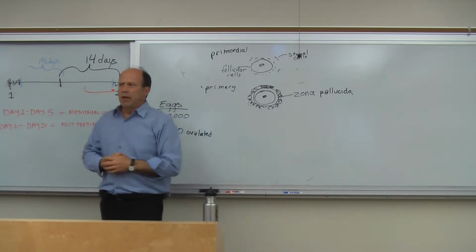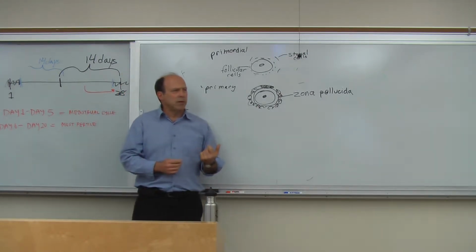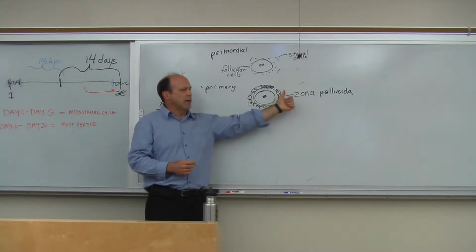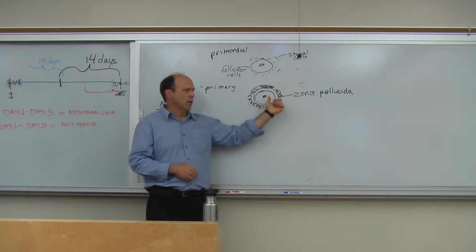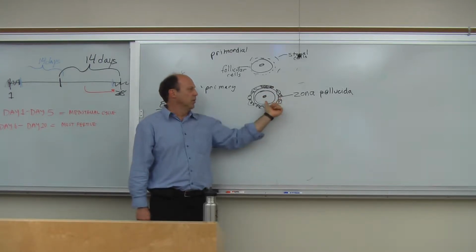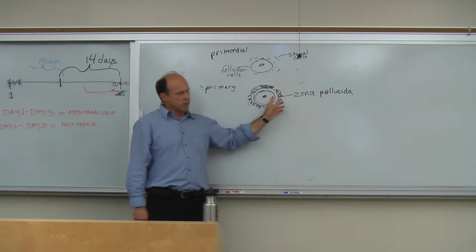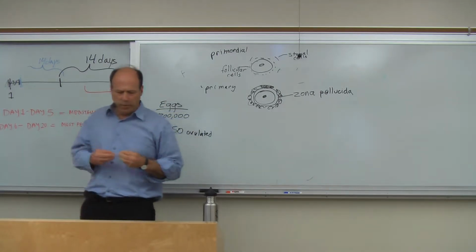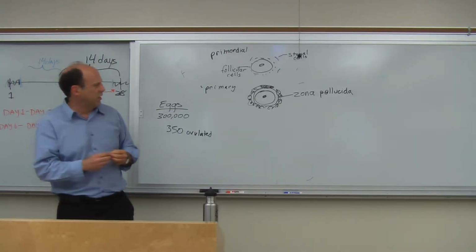The zona pellucida makes these two proteins, ZP3 and ZP4, and they actually are attractants and receptors for sperm. So they will attract and hold the sperm, and that's an important part of the fertilization of the egg.